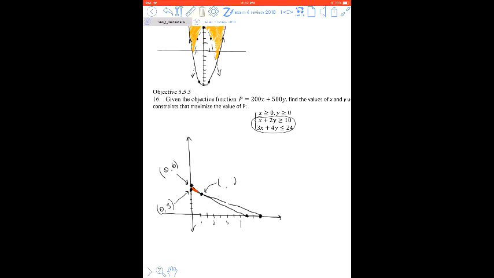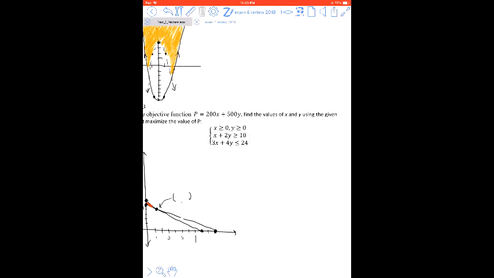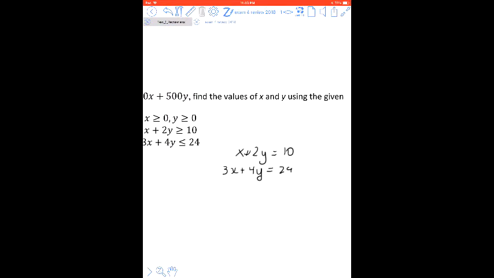So that intersection point came from these two inequalities, so I need to turn them into equations. And then solve the system.